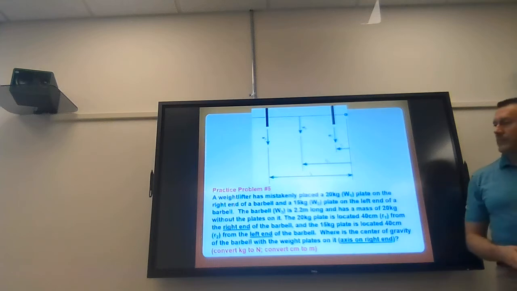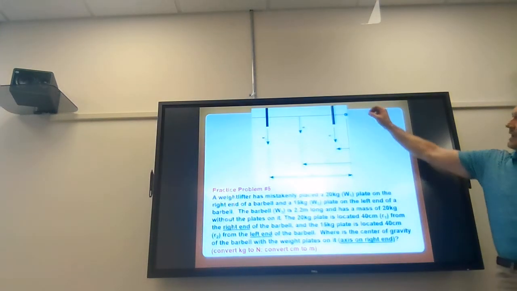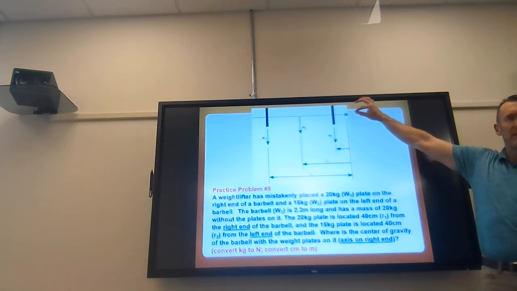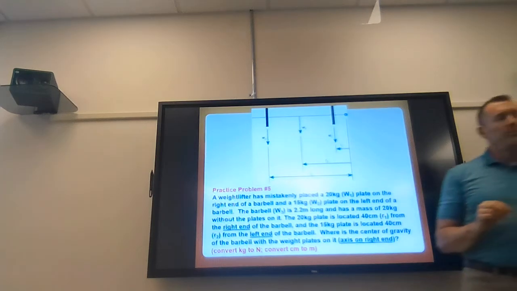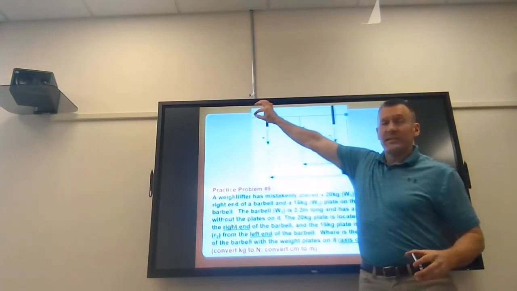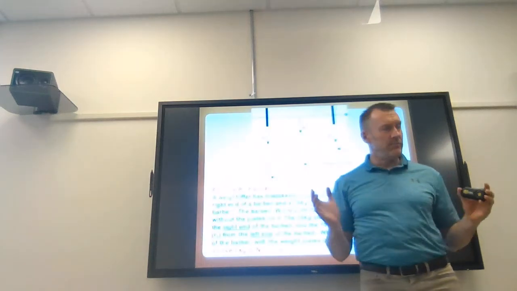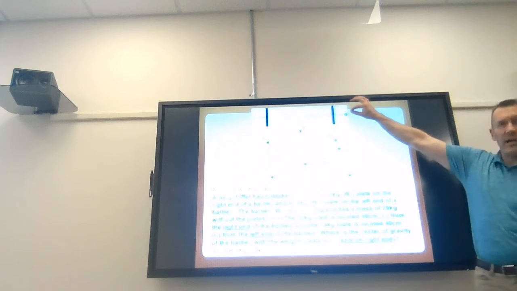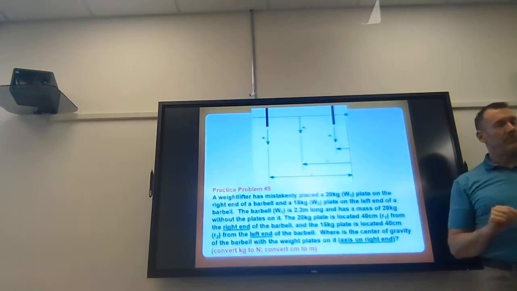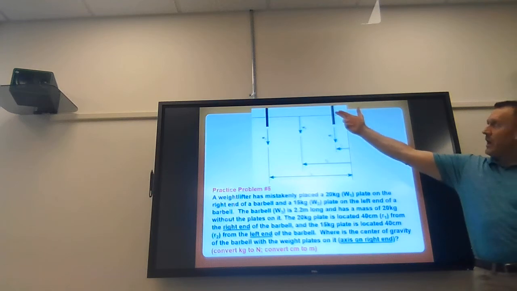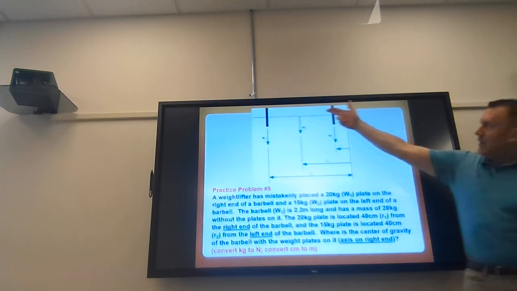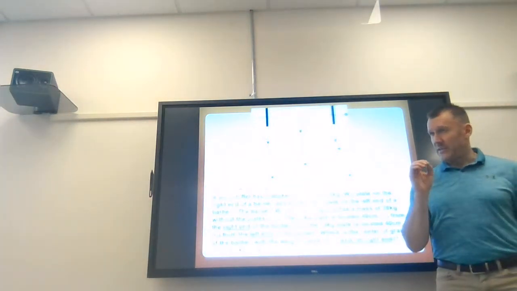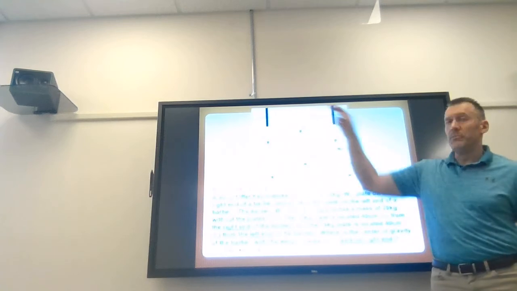So a couple of things we have to do first. We have to set our axis. We have to define where our axis is. Now, if you were to place the axis on this side, it wouldn't matter. You'd still get the same answer, but for this problem today, let's just say the axis is on the right side. So this circle, that's your axis. All of the weights, including this plate, including the weight of the barbell, we're assuming that the center of mass for the barbell is exactly in the middle.